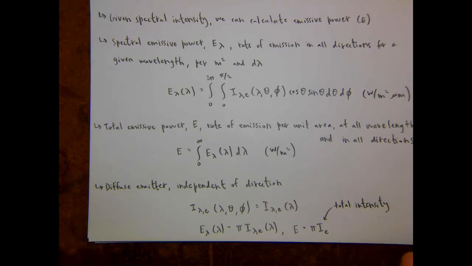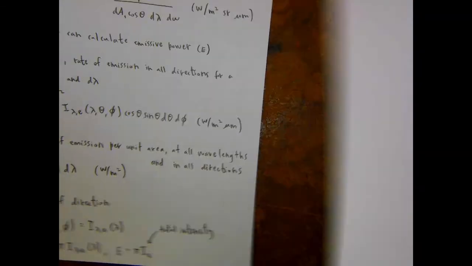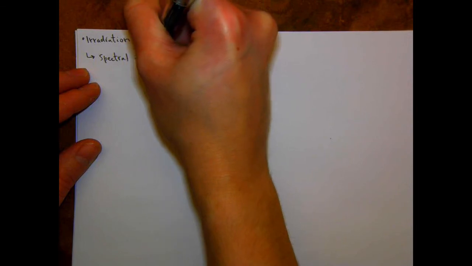Okay, so these same concepts apply to irradiation, with just a little bit of tweaking. So we'll go through that a little more quickly since we kind of already laid the groundwork for it. So the spectral intensity of irradiation.